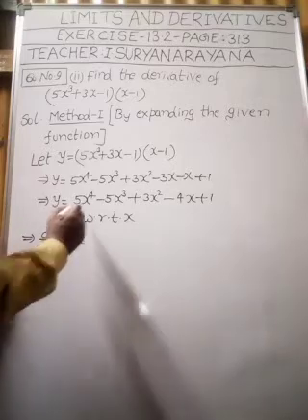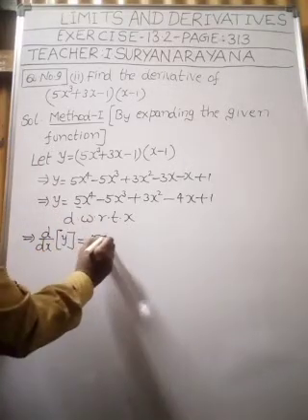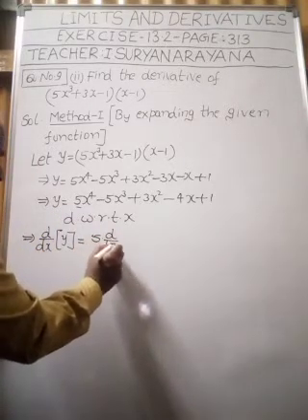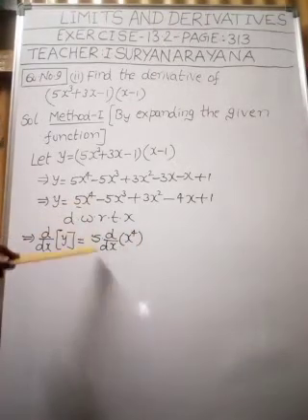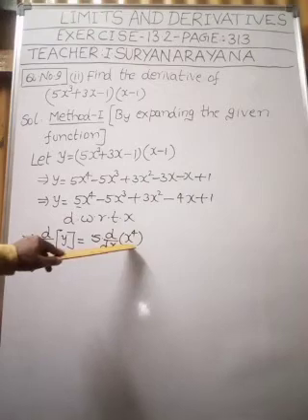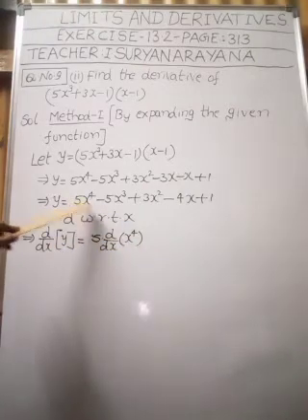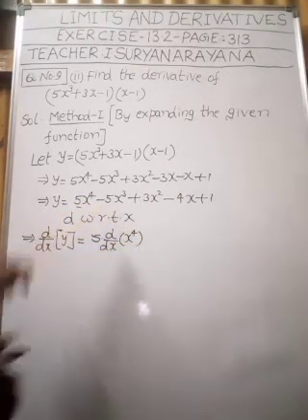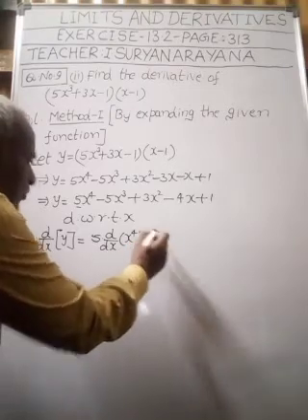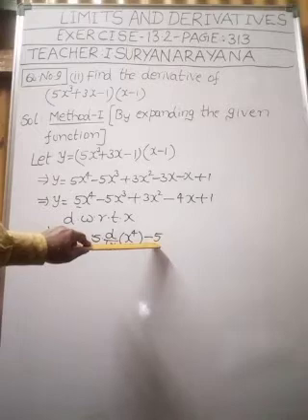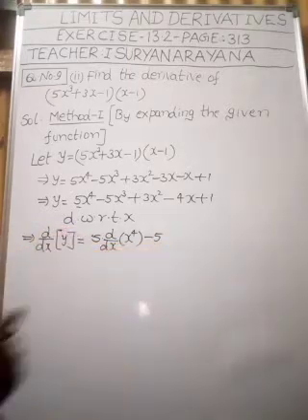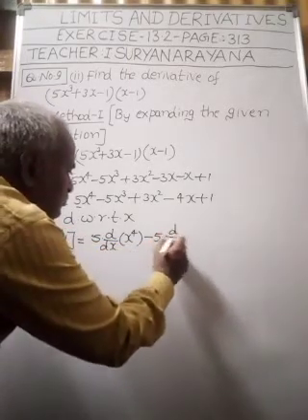So 5 into d by dx of x power 4. I wrote this first term as 5 into d by dx of x power 4. Understood this first term? Right. Minus 5. Here minus 5 is a numerical coefficient, so we can write it outside before the differential operator, into d by dx of x cube.